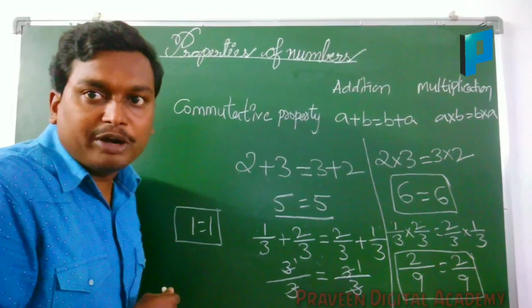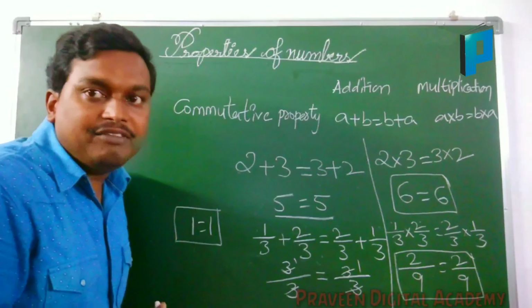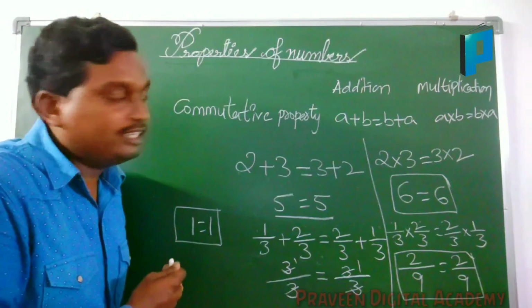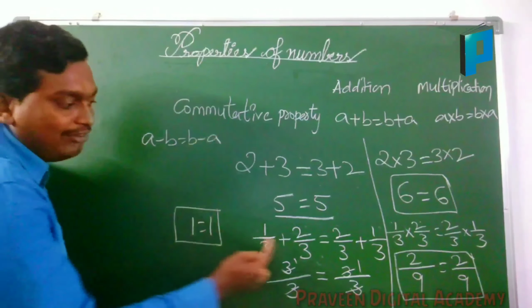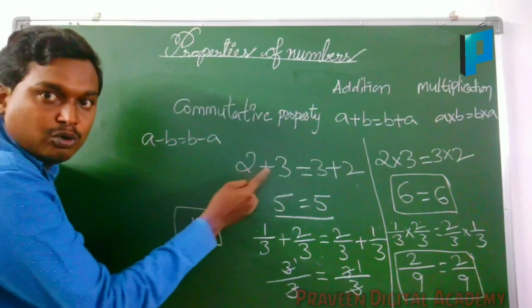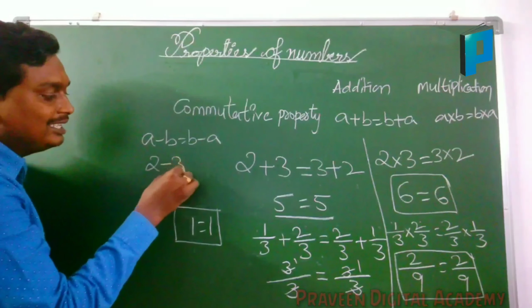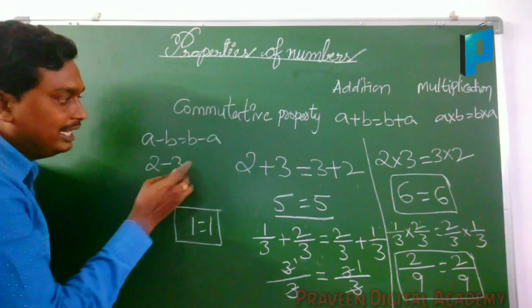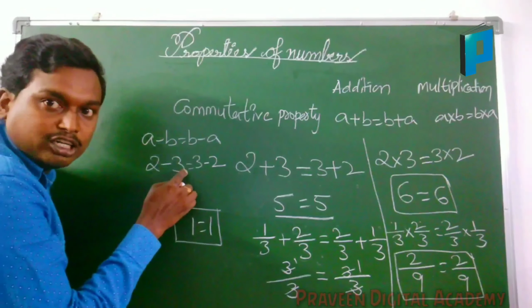Here in this property, we will see why subtraction and division will not exist. If I take a minus b is equal to b minus a, I will take the same example, this one. Look here. a is 2, b is 3, I will take. What is a? 2 minus 3. b is 3, is equal to 3 minus 2. 2 minus 3, what is 2 minus 3?